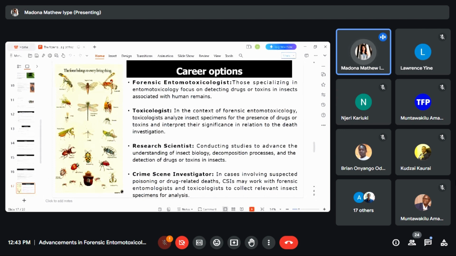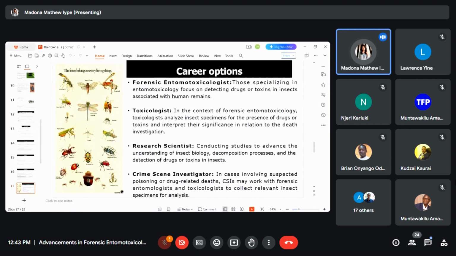Here, specialization in toxicology is needed, focusing on detecting drugs and toxins in insects associated with human remains. Again, research scientists conduct studies to advance the understanding of insect biology, decomposition procedures, and the detection of drugs or toxins in insects.